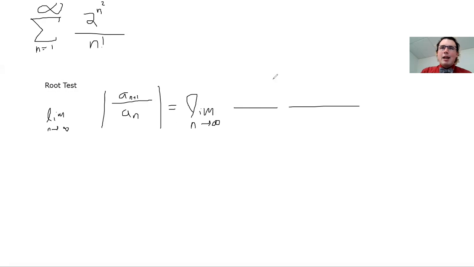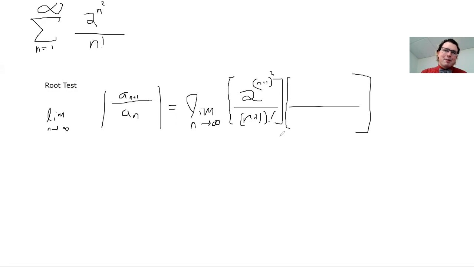Let me go ahead and write this as a product of two fractions. So I know that my n plus first term has the formula 2 to the power n plus 1 squared, all divided by n plus 1 factorial, right? Everywhere I saw an n before, that is now n plus 1 in parentheses.